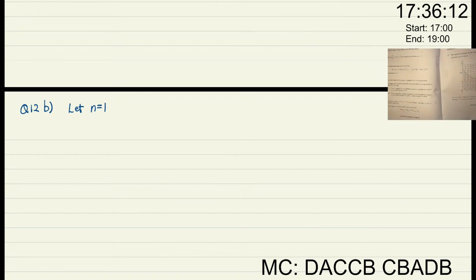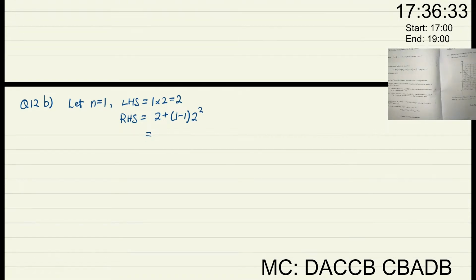How do you guys say it? Let n equals 1, right? Left hand side equals, if you put 1 in, it's just 1 times 2, which is 2. And right hand side, 2 plus 1 minus 1 times 2 to the squared. Oh yeah, that's a 0.